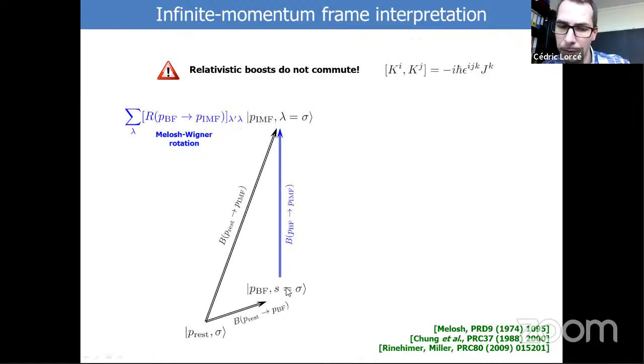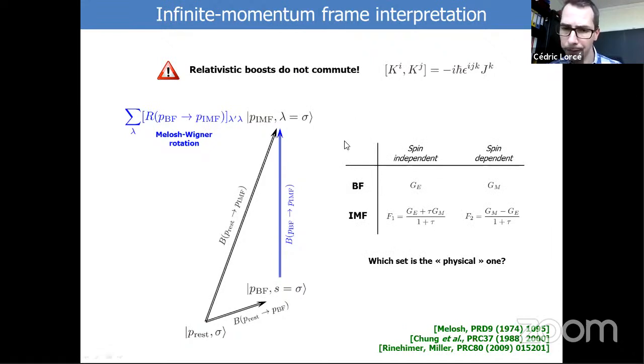Which means you take a spin up in the Breit frame, you boost directly to the infinite momentum frame without going first to the rest frame. Well, you get a state which is not infinite momentum frame with spin up, but a linear combination of spin up and spin down. And this is really a relativistic effect that we call a Melosh-Wigner rotation. We have to accept it. We don't have much intuition about it, but it has to be taken into account.